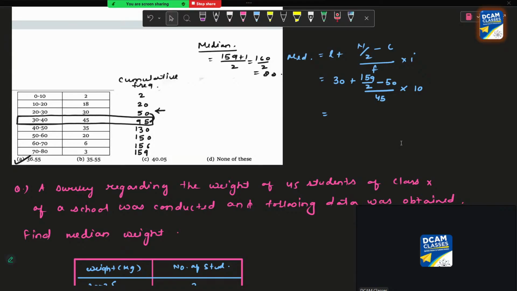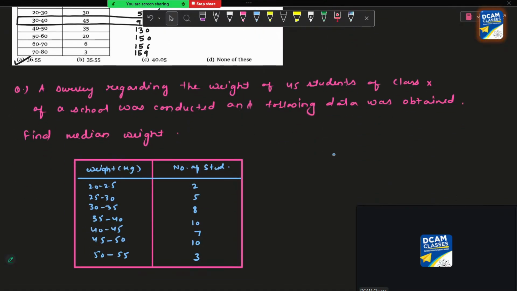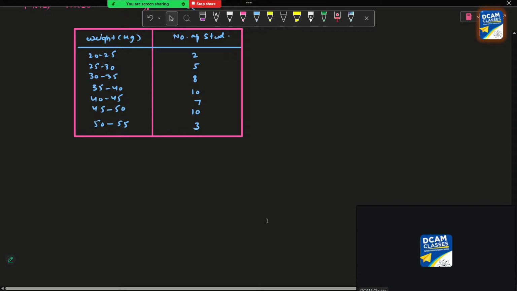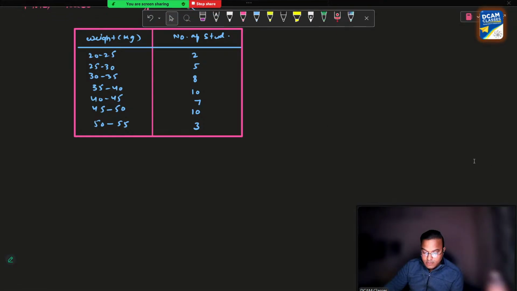$43.7. Correct. So median you know how to calculate. One more thing is there. For descending data also we should have the formula.